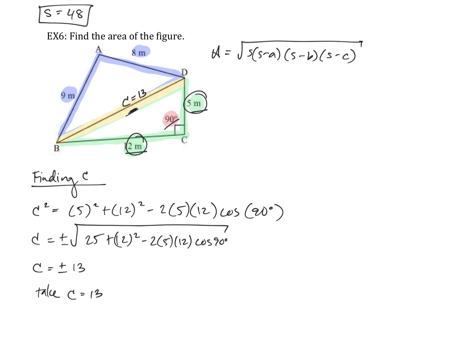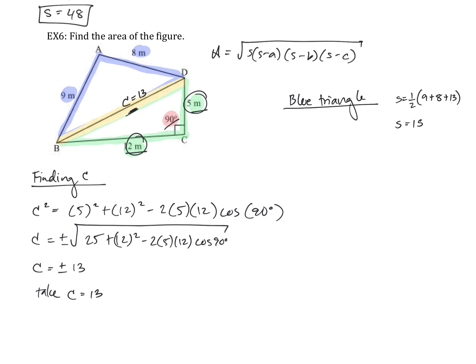Okay, so I'm going to call the blue area blue. So, the blue triangle. To find the area of the blue triangle, I need to figure out S for the blue triangle. So S is going to equal half of all the sides, which will be 9 plus 8 plus 13, and S is going to equal 15.